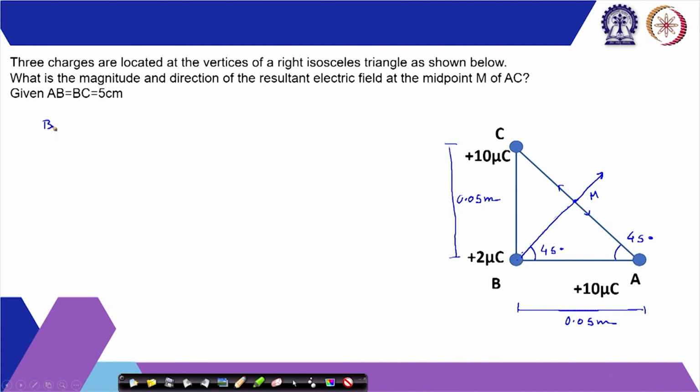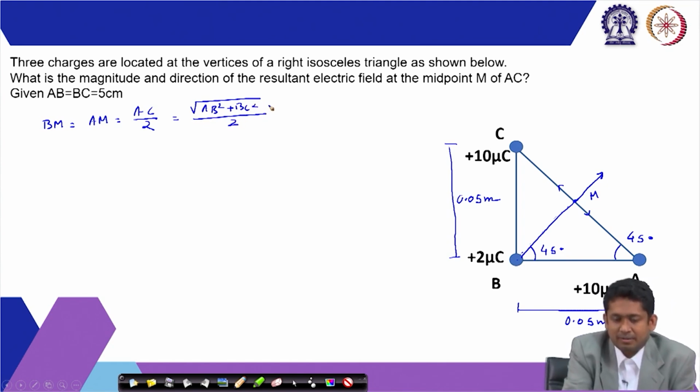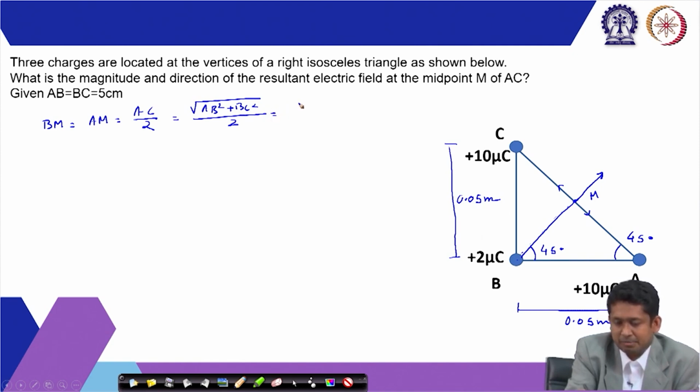So, our BM is equal to AM, which is equal to AC by 2, and AC can be found from AB and BC, which is root over AB square plus BC square, by 2, and that gives me root 2 by 2 meter, or we can again write 0.05 by root 2 meter.